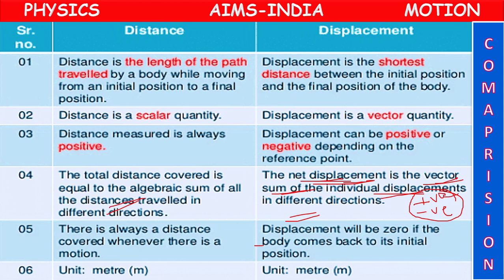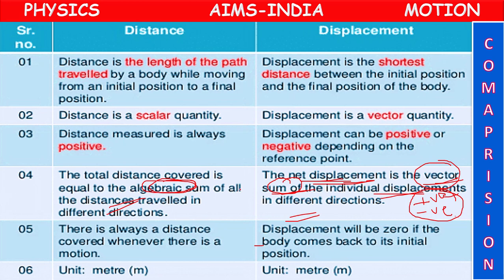But for distance, no need of vector sum. It is an algebraic sum. It does not depend on direction. Just adding the numbers, that's all. But here it is a vector sum, adding the numbers along with the direction. That is important here.